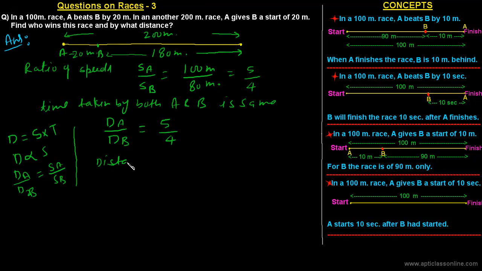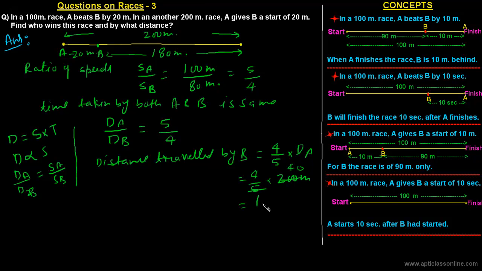So the distance traveled by B will be 4 by 5 into the distance traveled by A. So 4 by 5 into 200 meters, since A has traveled 200 meters, that is 160 meters.